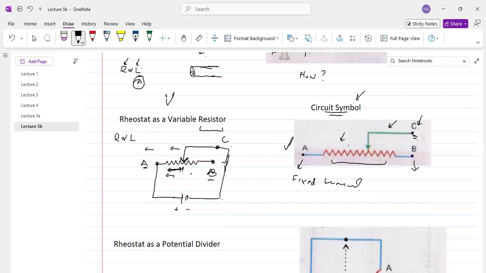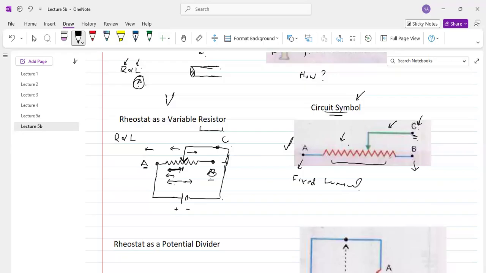Whenever we move the sliding contact towards the right, towards the second terminal, the B terminal, the length of the wire between the sliding contact and terminal A goes on increasing. As a result, the resistance of the wire increases. So with the help of this, we can increase or decrease the resistance.